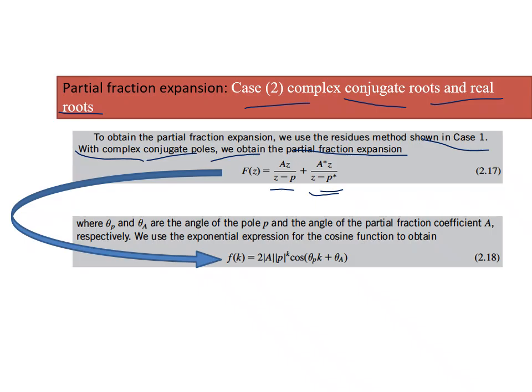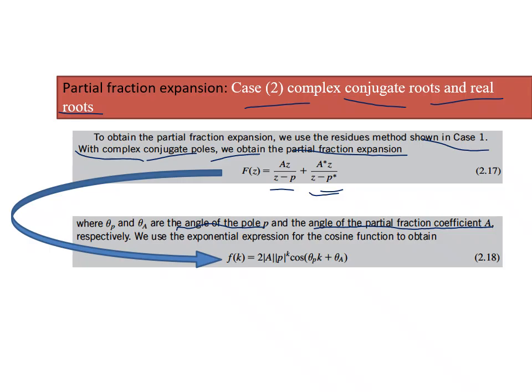We have two conjugate poles. We have theta p and theta a. Theta p is the angle of the pole p, and theta a is the angle of the partial fraction coefficient A, respectively.